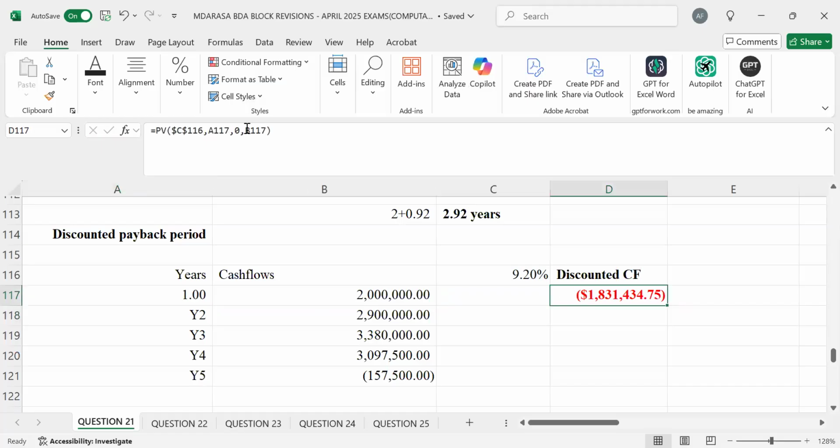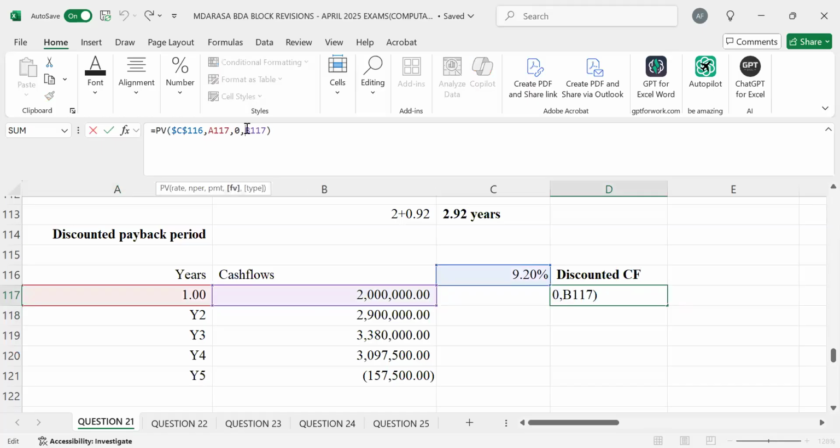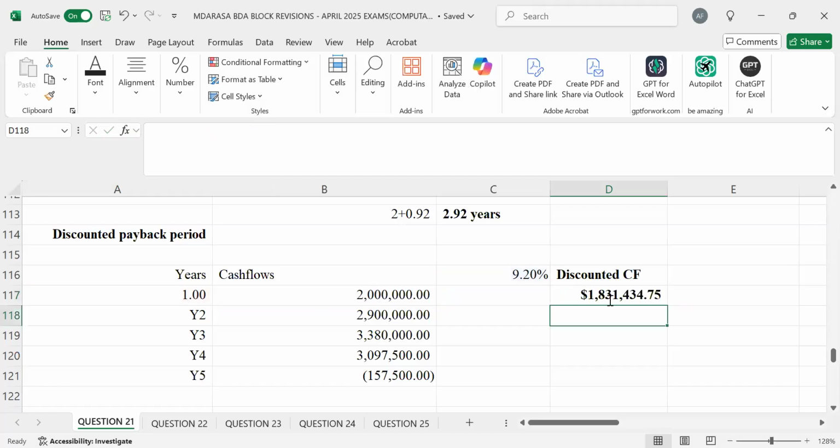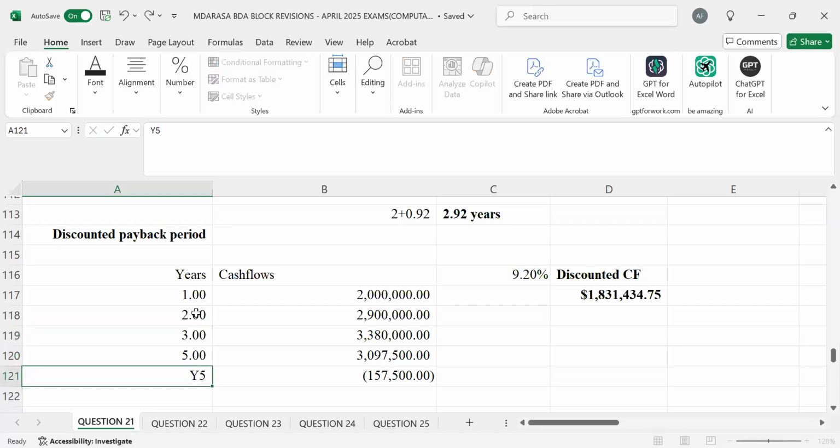Remember, before values in a formula, we always put a negative. So that is 1, 2, 3, 4, 5.